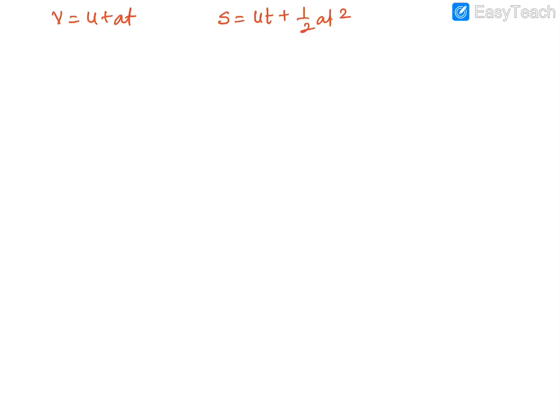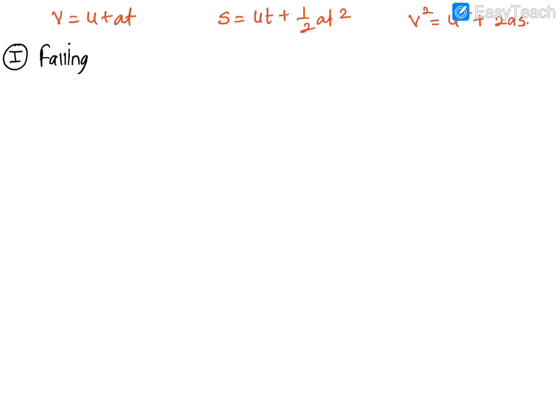And the third formula was v squared is equal to u squared plus 2as. So now we are going to do the application of the same formulas only, same chapter, but we are going to apply them in a different way. Now see, in the first case, let's say a body is falling freely.